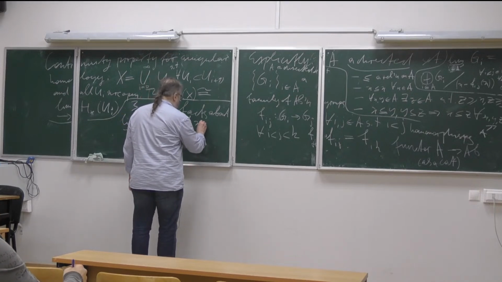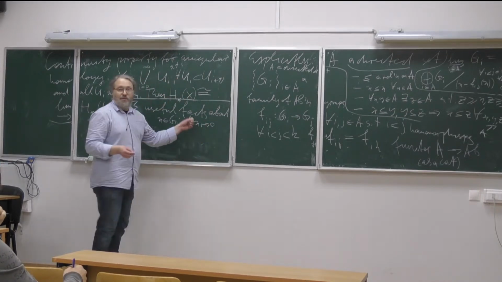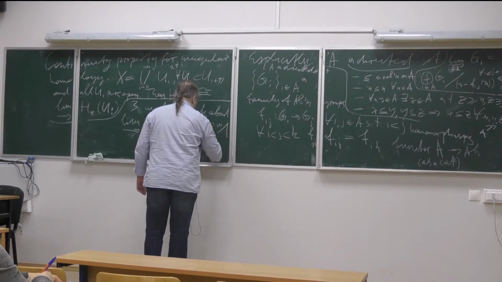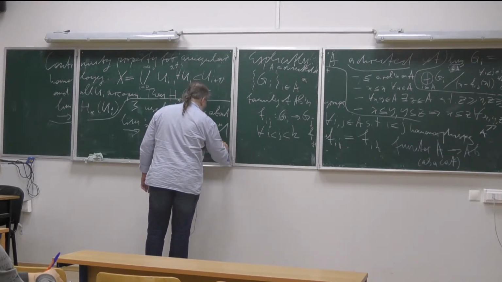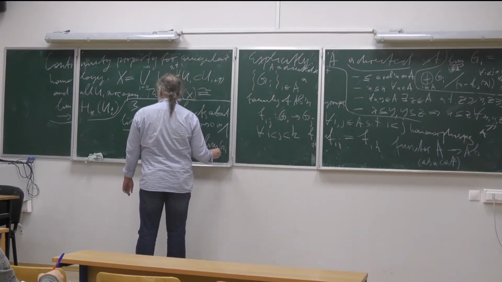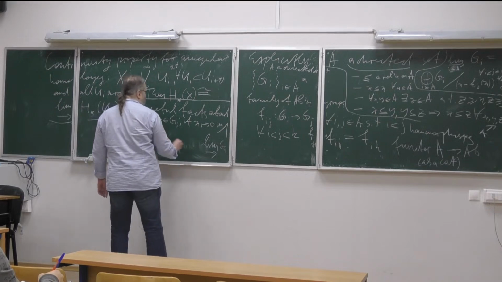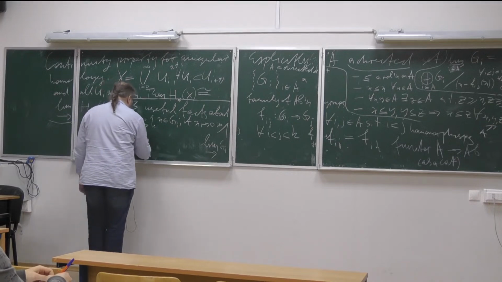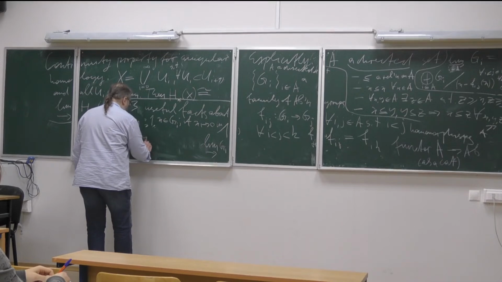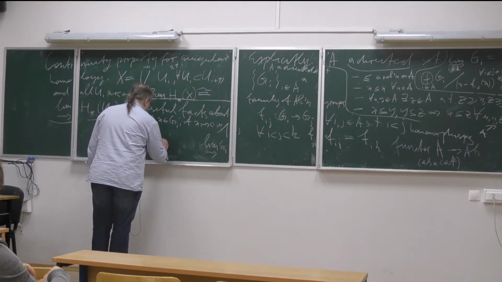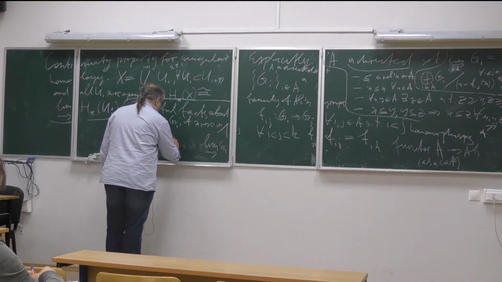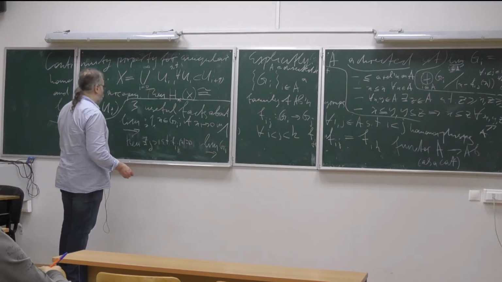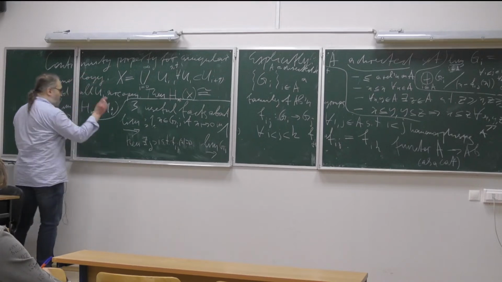If x goes to 0 in the direct limit, then there is a j greater than i such that f_ij of x is 0. So this is fact number one.